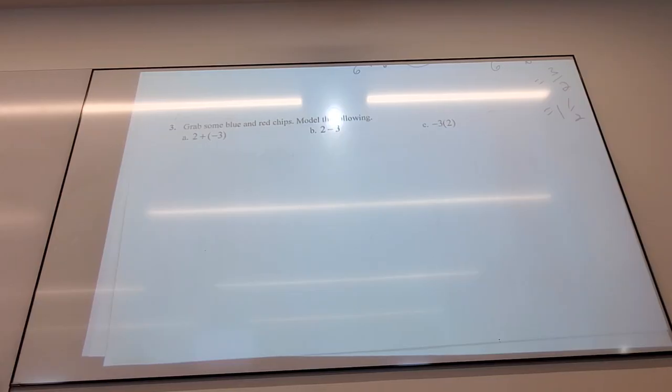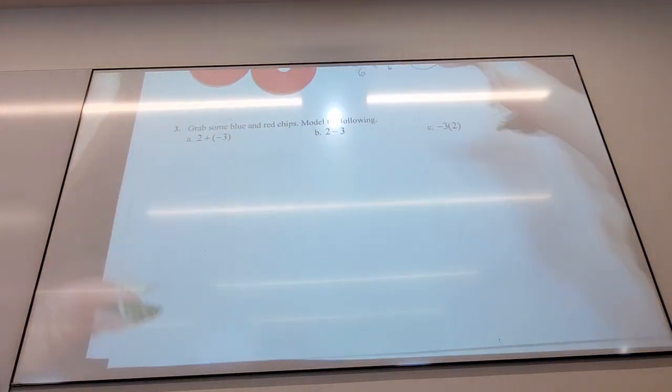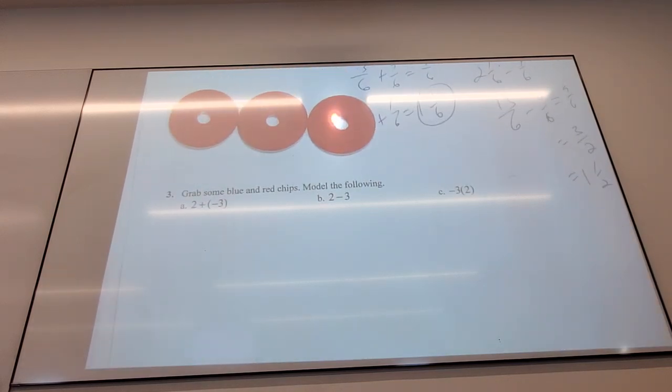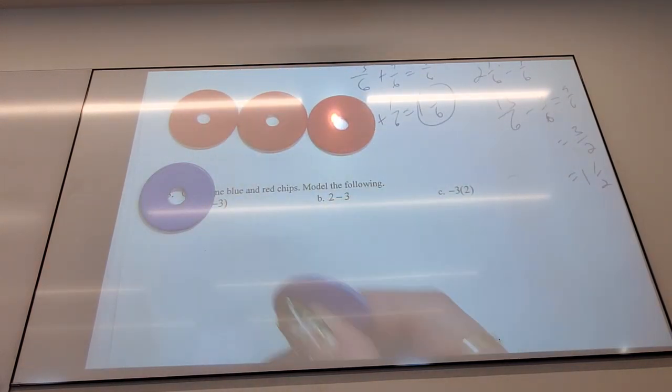Okay, so my understanding is you're taking away 2 groups of 3 or 3 groups of 2? What do you guys think? 3 groups of 2. So it'd be like this. 3 groups, 1, 2, and then you're... what's it called when you... oh my god, that's so cool.